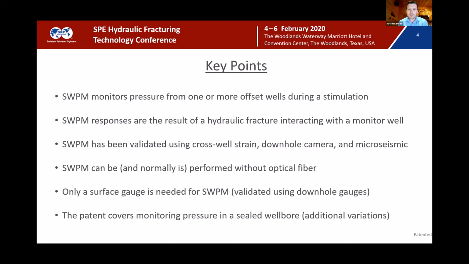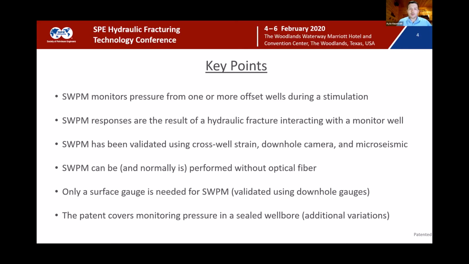As you compress that system of nearly incompressible fluid, even a small reduction in volume is going to be a large pressure response. Because of that, using a sealed wellbore, we can simply place a surface gauge on a wellhead, which is very low cost and virtually no operational risk. The responses that we're monitoring are a result of a hydraulic fracture intersecting the wellbore and applying that compression to the system.